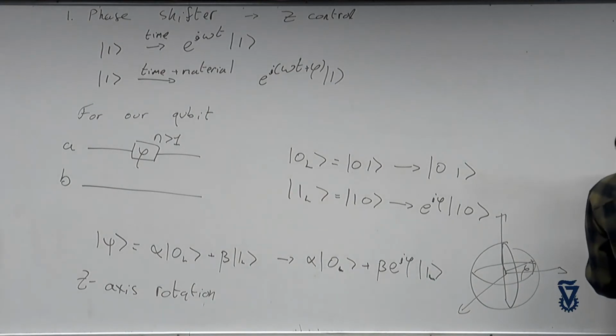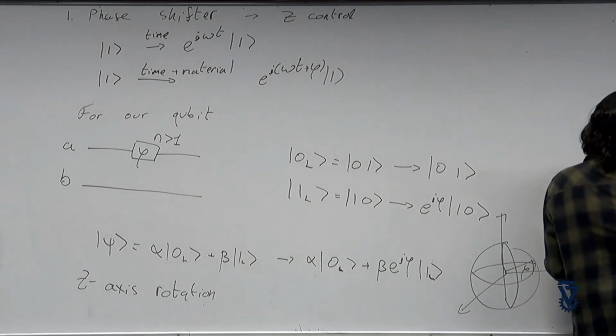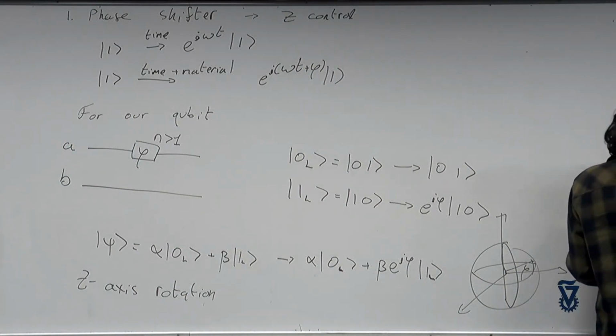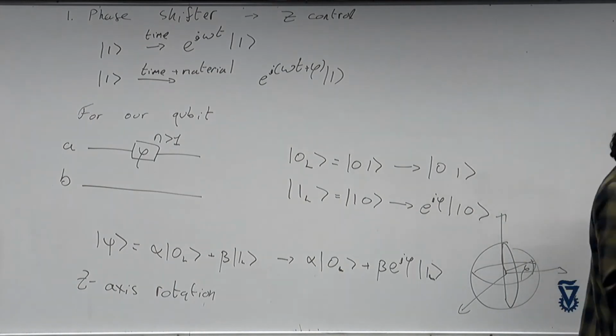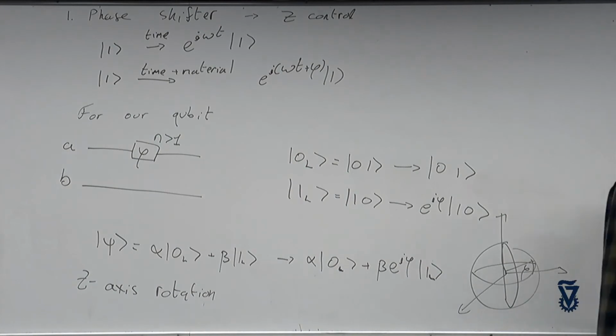It's just a piece of glass that transmits. So the idea is that you're going to have some mode A incoming, and part of the mode will get transmitted.